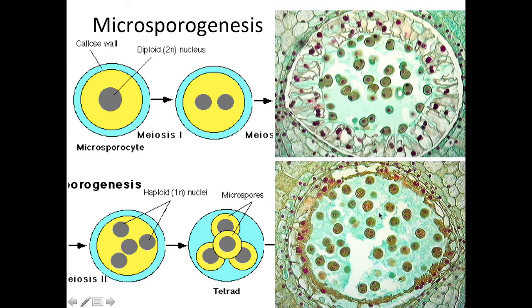Then in meiosis 2, your dyads split into tetrads. So here you see some dyads, but some of these cells have already divided by meiosis 2, and now you see the tetrads. And notice that the tetrads are still stuck together at this point. So these are not mature microspores. They haven't been released from the callose cell wall.